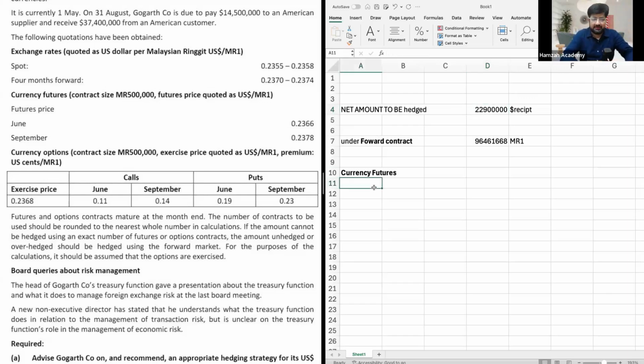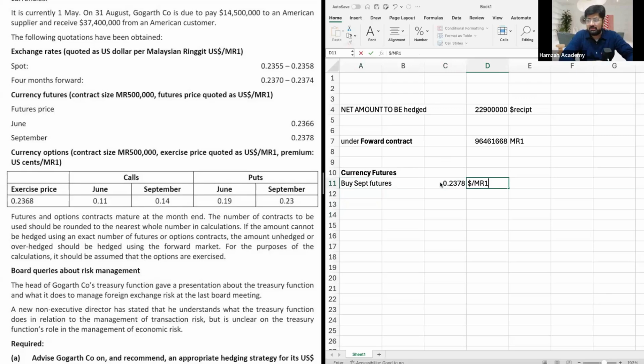So buy September futures, the price is 0.2378 dollar per MR ringgit.